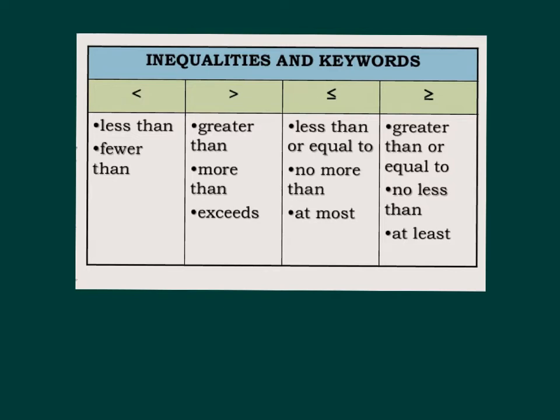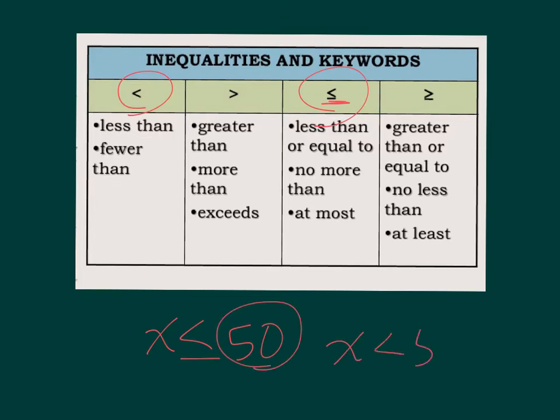The only difference between this one and this one is this one has a line underneath it, and it means that it includes the number. So if I have something like this, it means 50 is included in there, whereas this, 50 is not included in there. Does that make sense? This one's the same. That means that number is included. This means the number is not included. Okay?